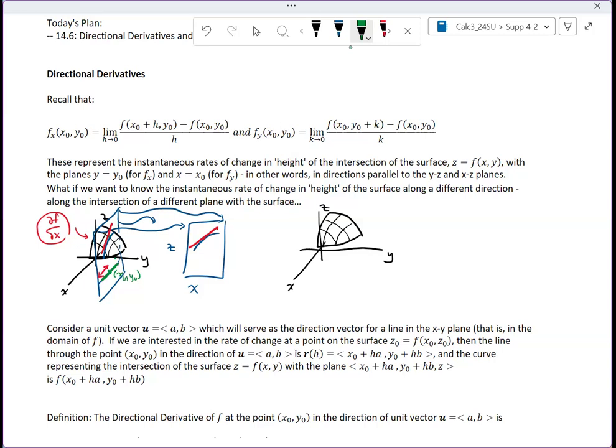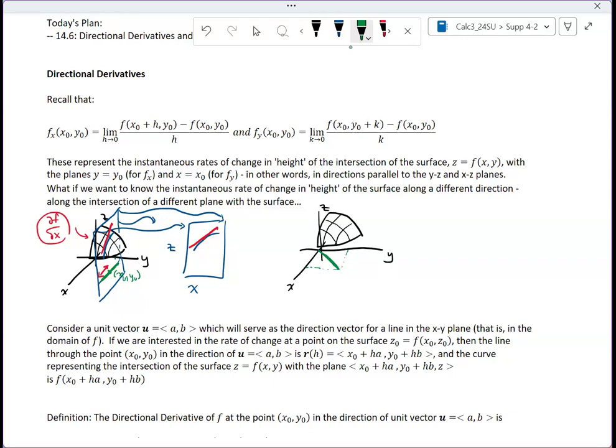Well, what if I was interested instead in, say, a line in the xy plane that wasn't parallel to one of the x or y axes? So something like this line, maybe that's like a 45-degree line between x and y.